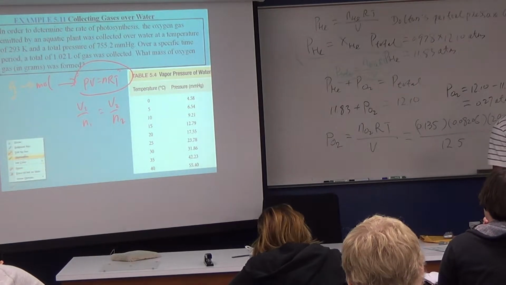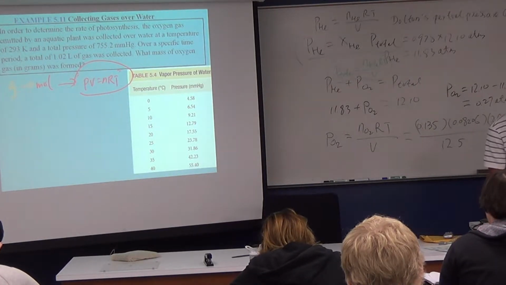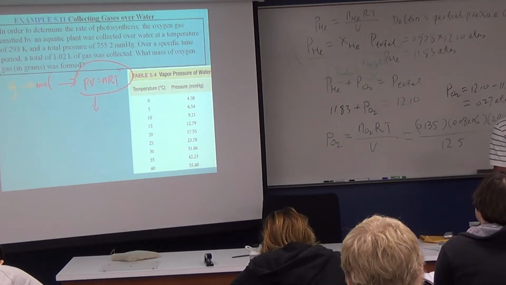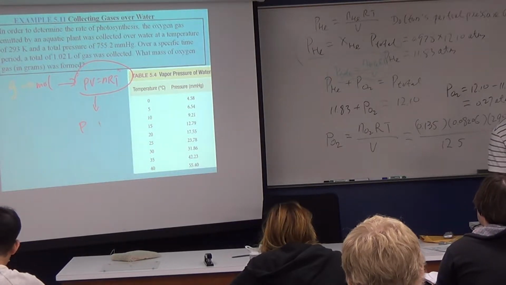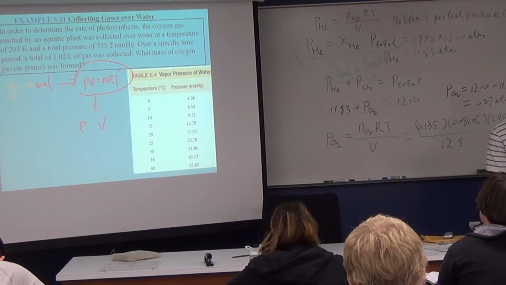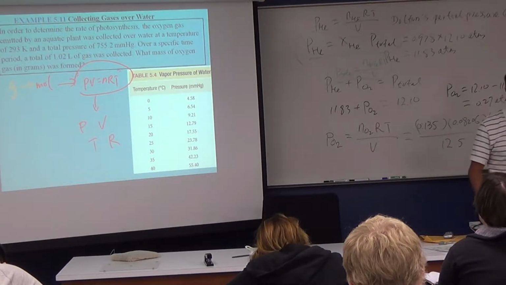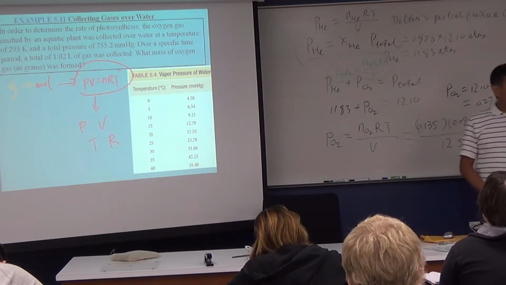You can use the ideal gas law and see what you need. What do you need? You need the pressure, the volume, and the temperature. And obviously you need to remember what R is.